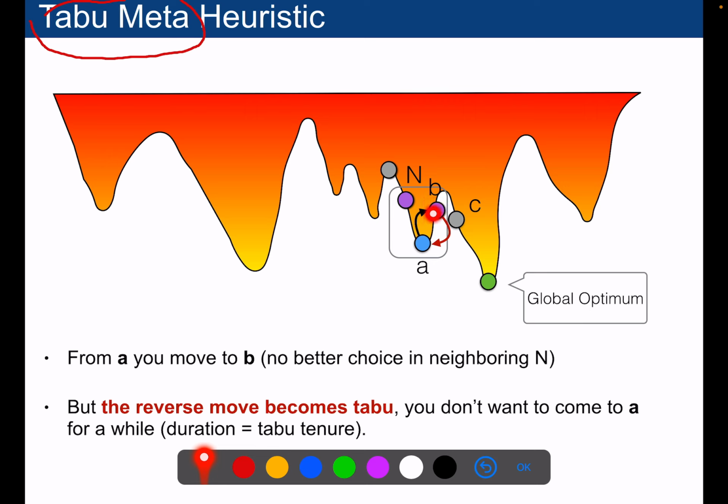You don't want to visit A because you know that you have already considered that solution before, and so you want to prevent it for a given number of iterations that we call the Tabu tenure. The Tabu tenure will be how long a move will remain taboo during the search. And this will help you to accept to degrade a little bit the solution so that you can escape from local minima and possibly reach a better global optimum, for instance.